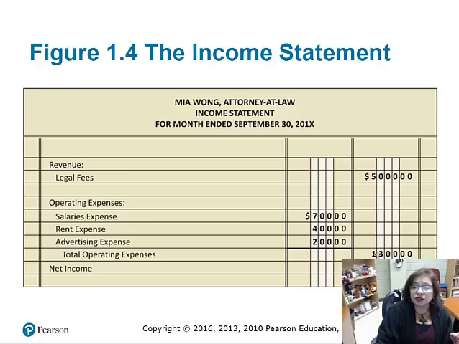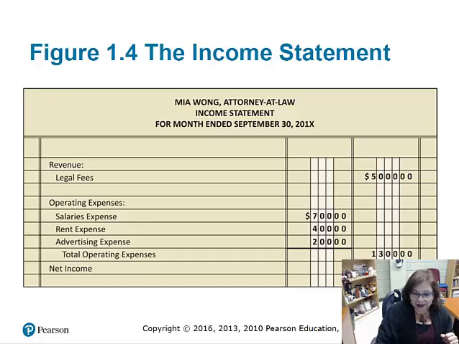Then you take the $1,300 and subtract it from the $5,000 of the money she brought in for that month, not from the cash account. And she ends up with a net income of $3,700.